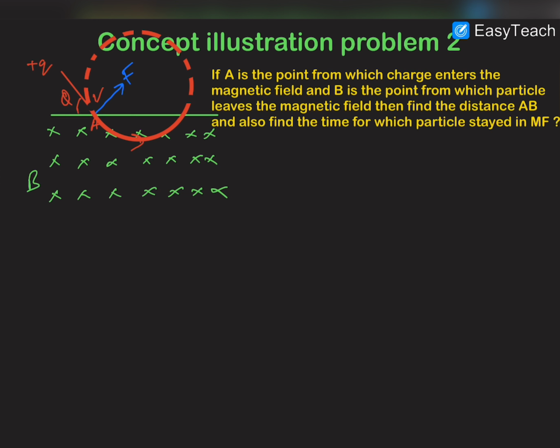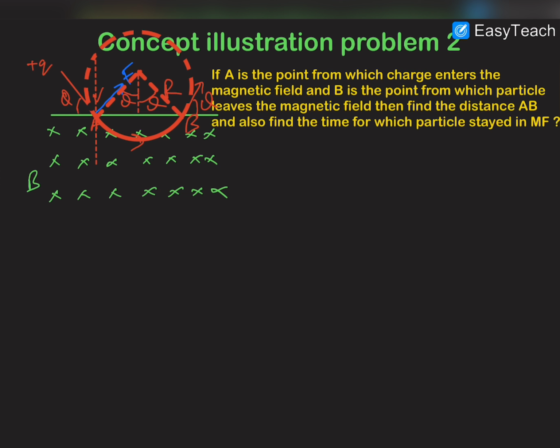So if we join these two normals, then this would be the center, and you can see that this angle C, this angle is 90 minus theta, this is theta, so this is also theta and this is also theta. Okay, so in this case B point is this, and obviously it would emerge out at the same angle theta.